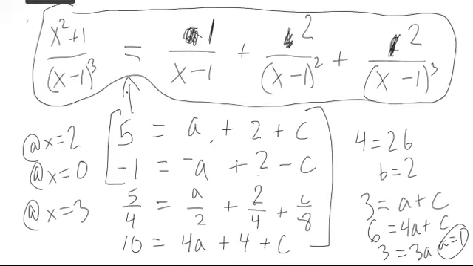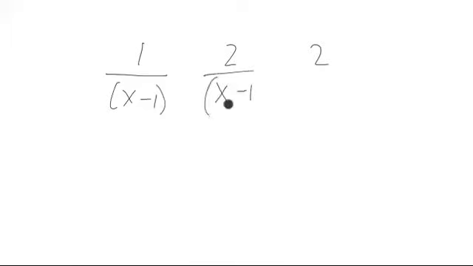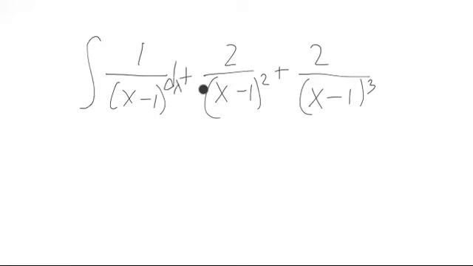All right. So we have 1, 2, and 2, over x minus 1, x minus 1 squared, x minus 1 cubed. So plus and plus. And now we're going to integrate this, so we can kind of think of integrals just one at a time, individually, separately here.